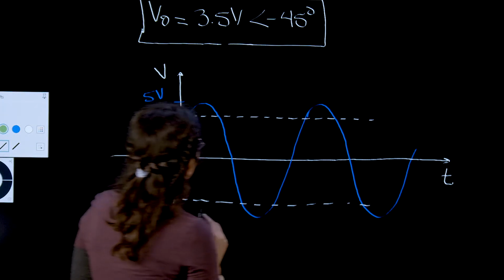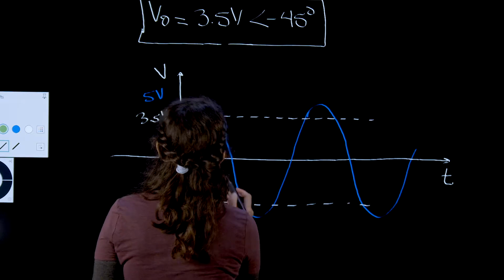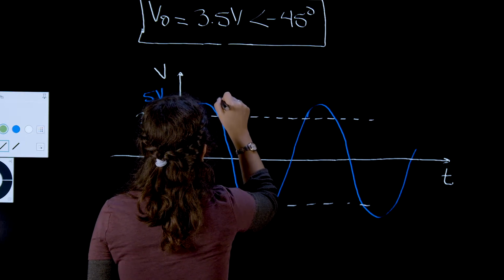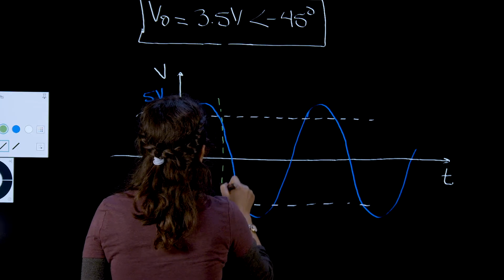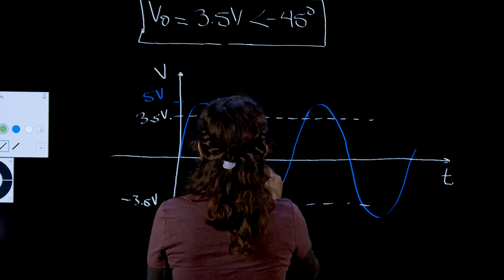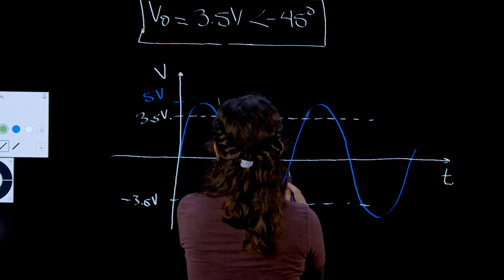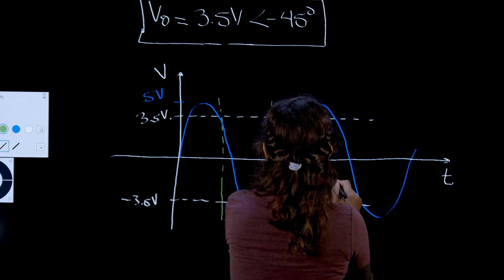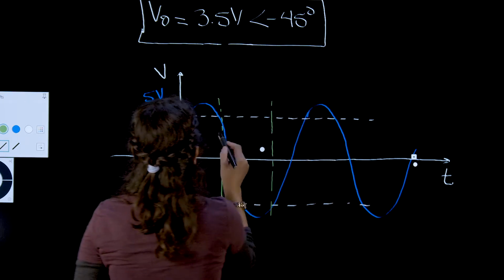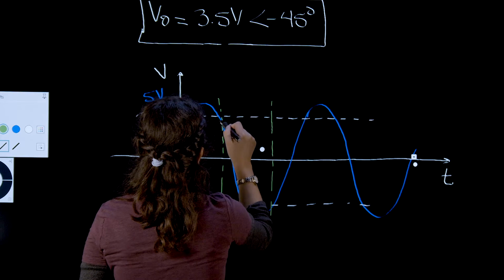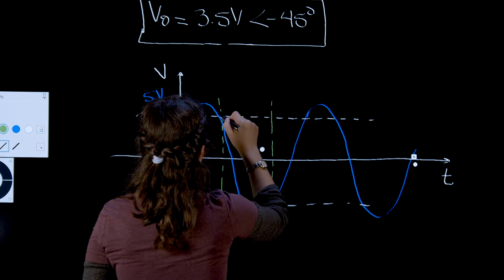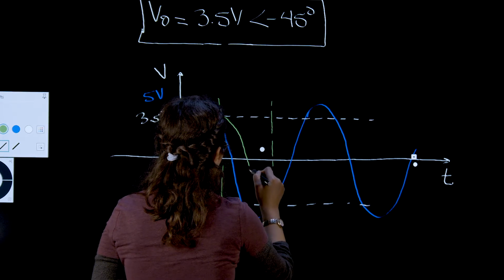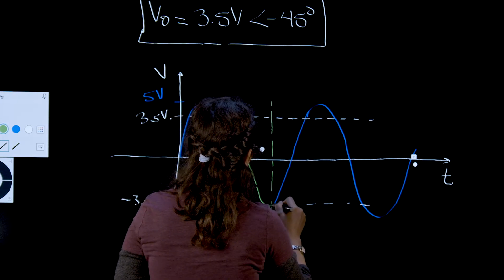So it will look more or less like this, and then this is where I get problems. I start from here to here, and then back up again.